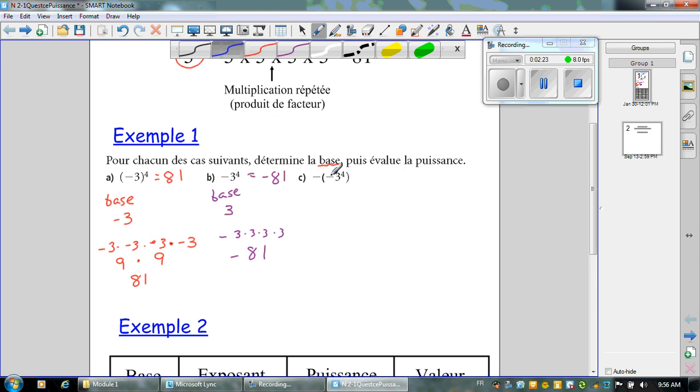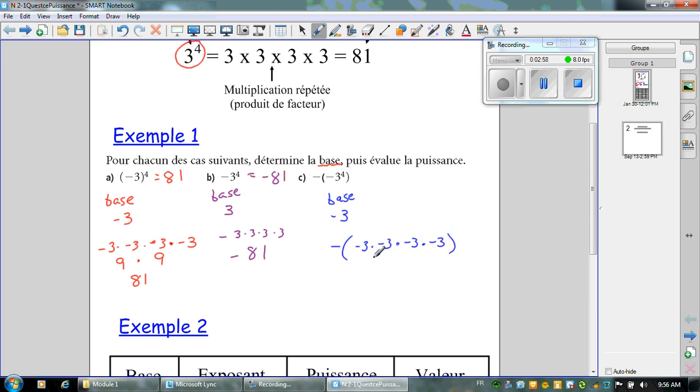Finally, here my base would be -3. However, the negative in front is not part of the base. So what I'm going to have is a combination of both of these. I will have the negative, then I'm going to have the -3 repeated 4 times, all multiplied by itself.